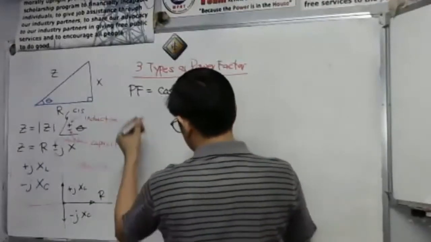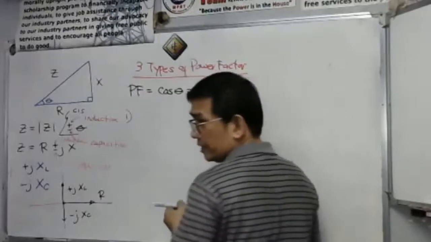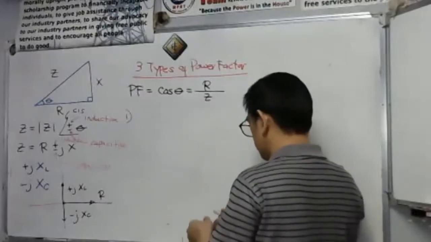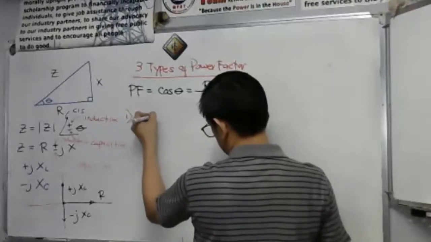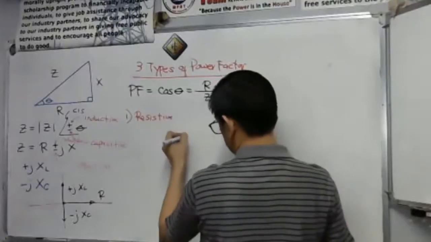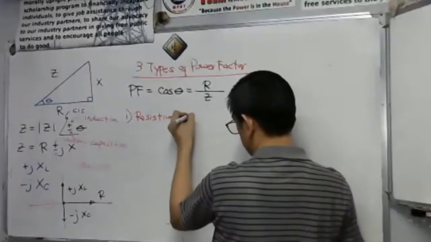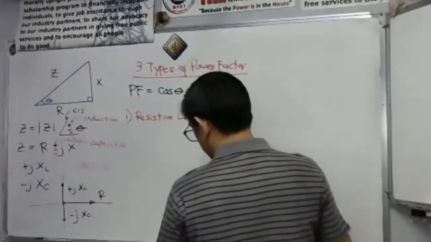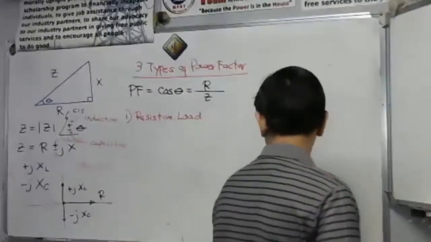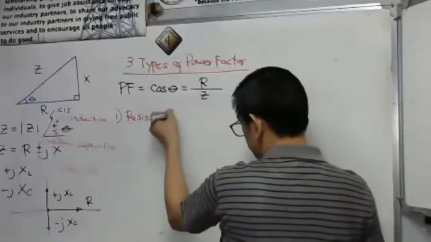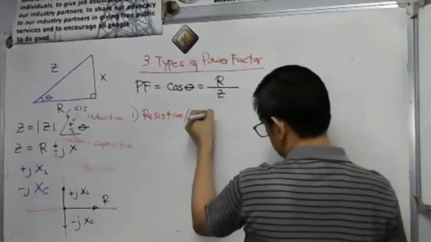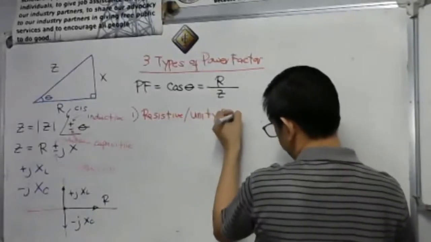Number one, we have what we call the resistive load. Resistive, or shall we say, resistive or unity power factor load.